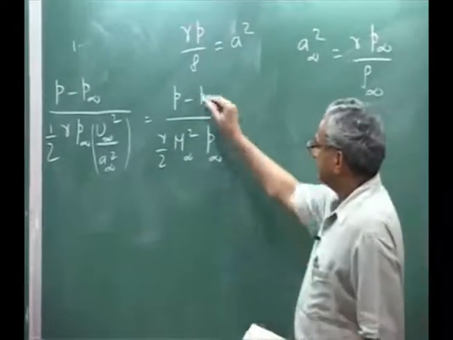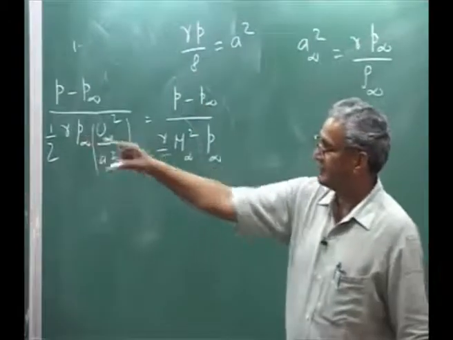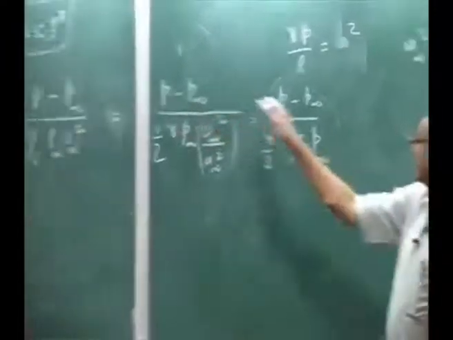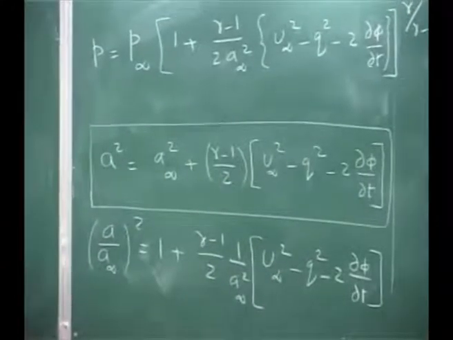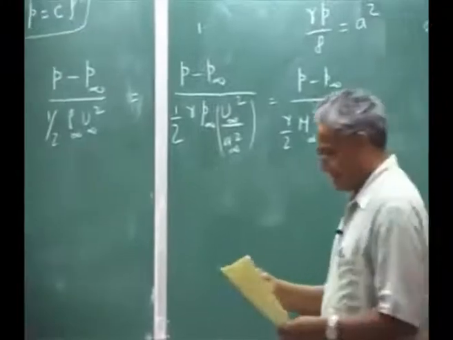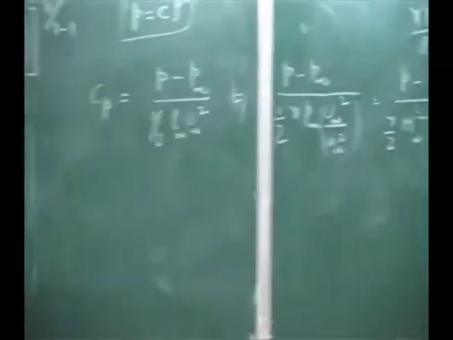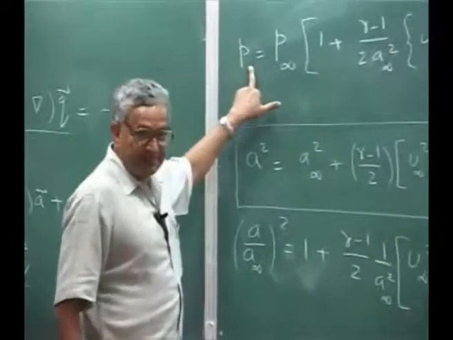Now this quantity you can substitute for p in terms of the entire stuff, and then you will get the pressure coefficient, which I am writing finally as, because p minus p infinity, I have to subtract one p infinity here.